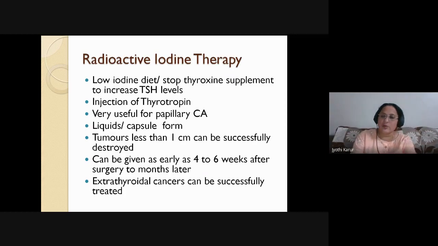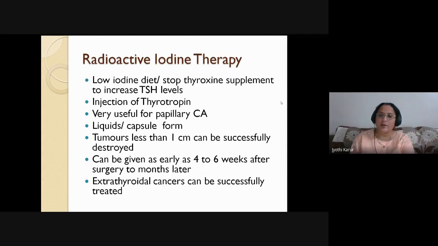Suppose there is a case of papillary carcinoma. At the age of 21 or 22, she has undergone total thyroidectomy. But after a few years, because of residual tumor, she has come with some small enlargement, or you have picked up some lesion. What are you going to do? Are you going to do surgery again? No, it is not needed. You can ablate that tissue with radioactive iodine 131.